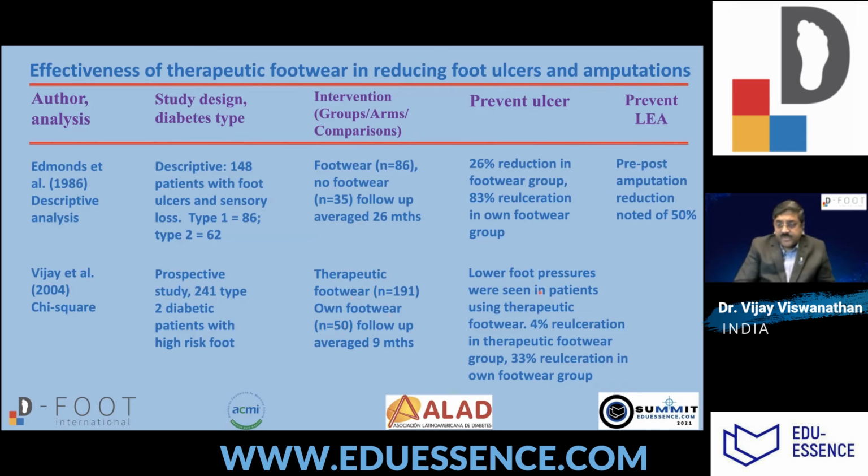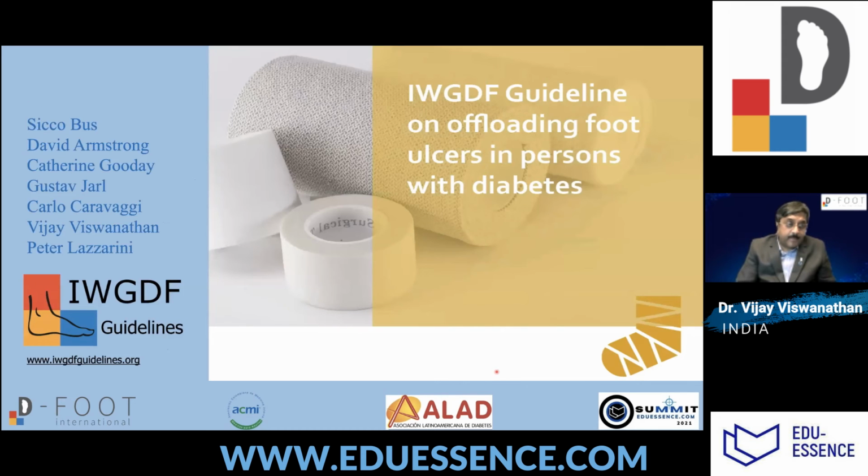You can see that lower foot pressures were seen in the people who wore our footwear. And the re-ulceration rate was 4% among the people who wore our footwear versus 33% in people who wore their own footwear. So I think footwear is an essential component of the treatment of diabetic neuropathy.